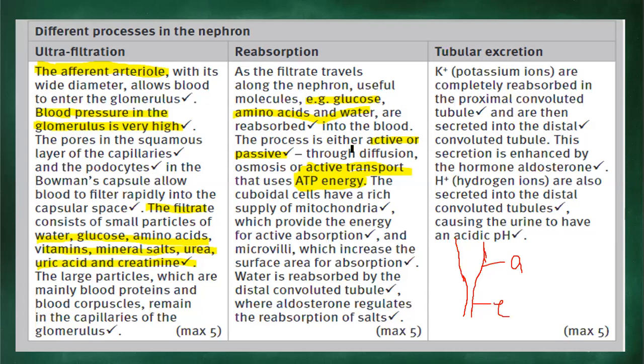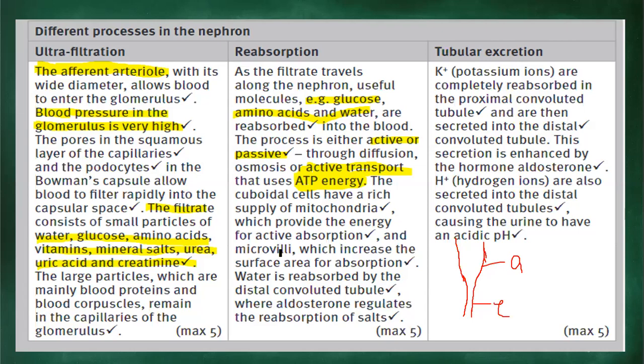We've seen that ADH regulates the water concentration during reabsorption, where it ensures that the tubes are more permeable to the water as it moves into the capillaries, so it keeps on moving there to balance things out.